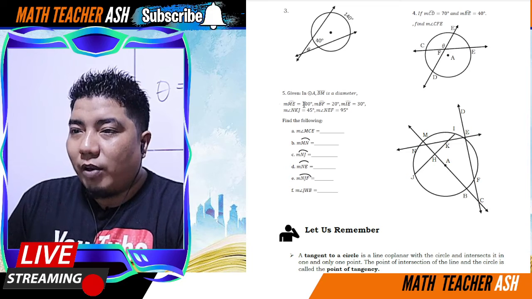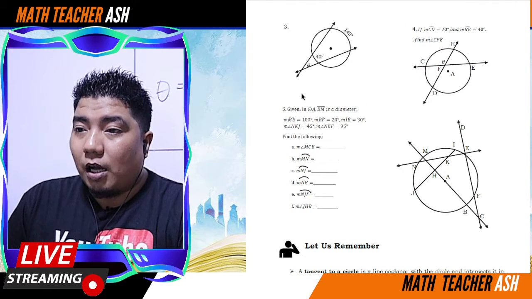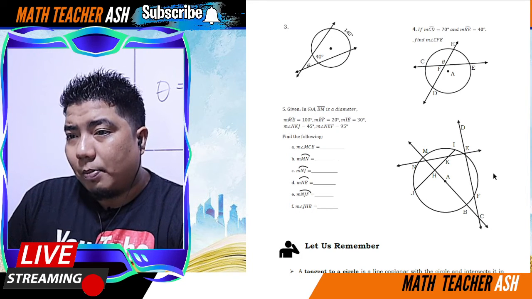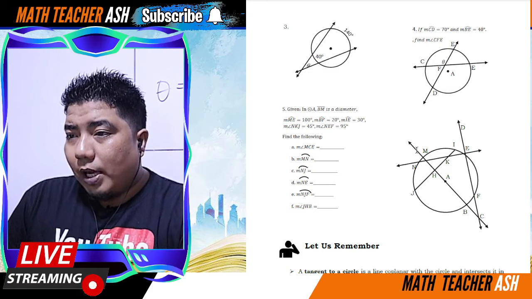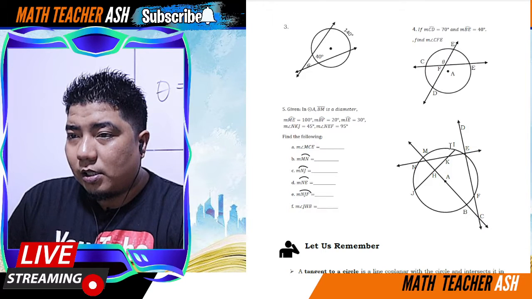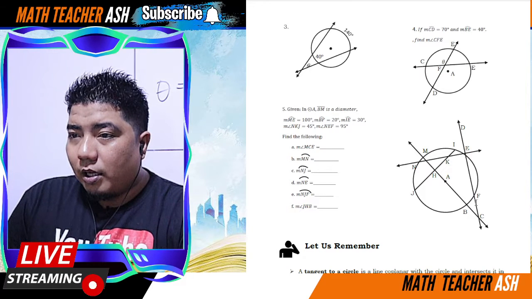Number 5, we have here, BM is the diameter. Ikaw gagawa ng drawing dito. Okay, ito pala, may drawing pala dito. So, BM is the diameter. Tapos, arc ME, ito yon, is 100 degrees. Arc BF, ito lang yun, okay, is 20 degrees.